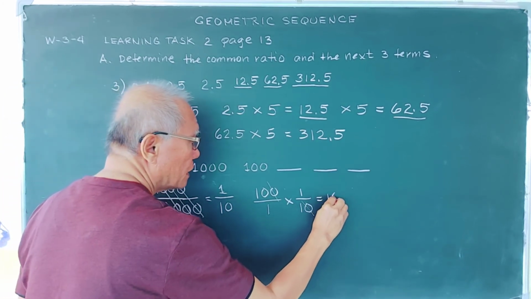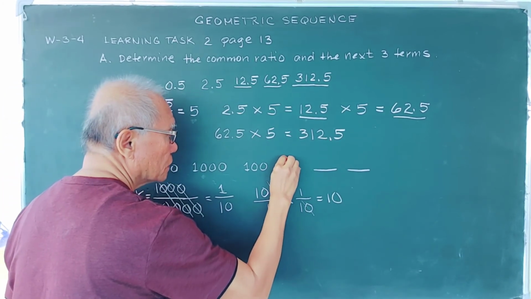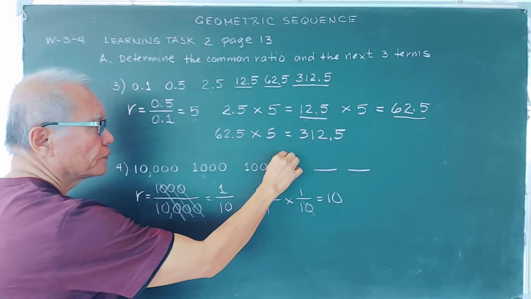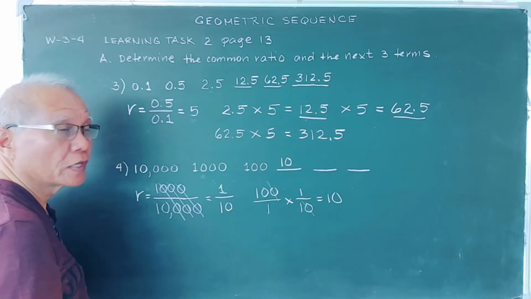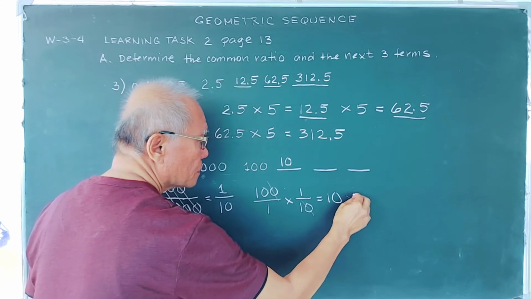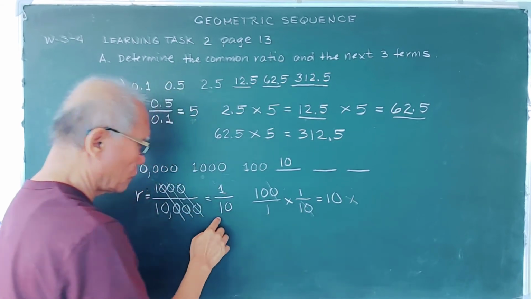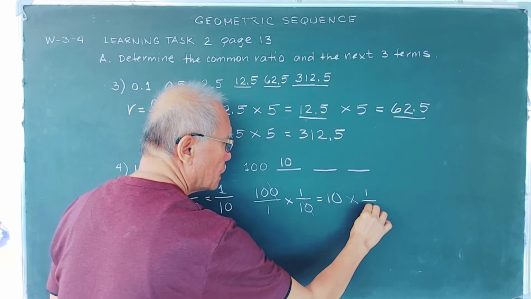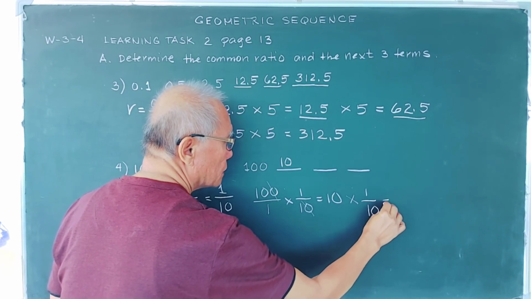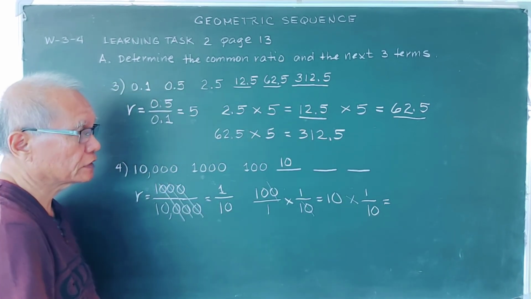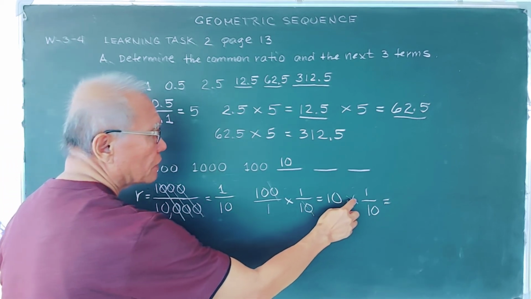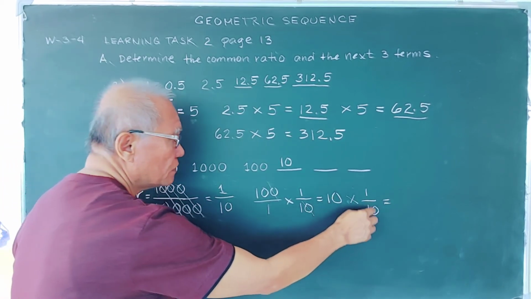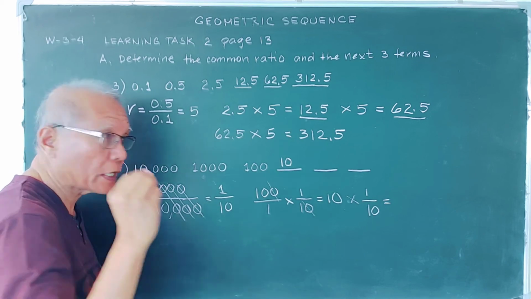So, this one is 10. Times yung 1/10 ulit. 10 times 1 ay 10. 10 divided by 10 is 1.